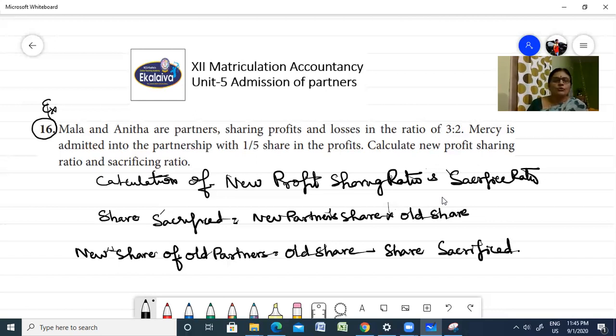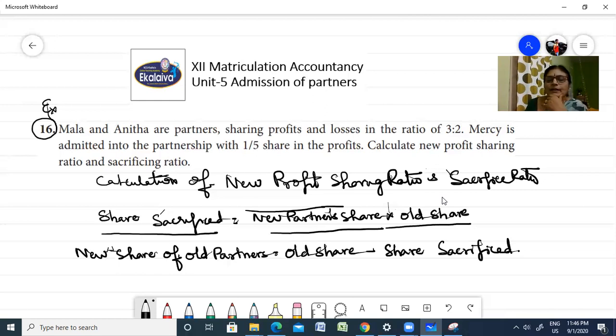So remember this: share sacrifice is new partner's share into old share. When the share sacrifice or its proportion is not given, you have to remember this formula.